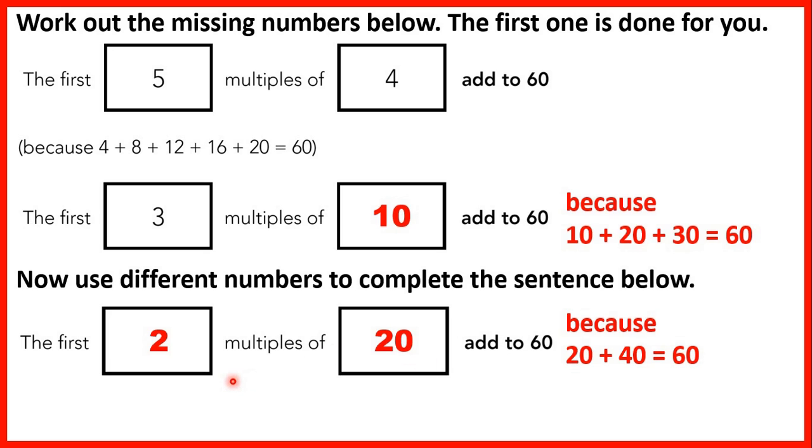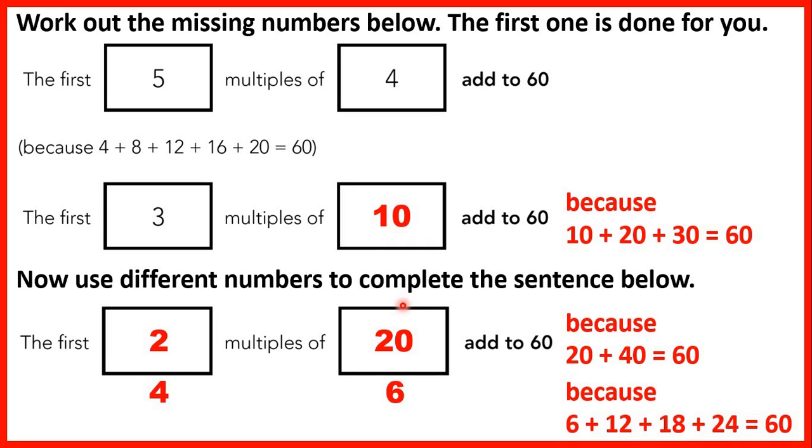There is another possible answer. We could have the first 4 multiples of 6, because the first 4 multiples of 6 are 6, 12, 18, 24, and those numbers total 60 as well. So how could we solve this question without just trying lots of different things out?